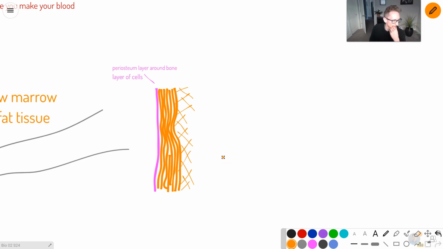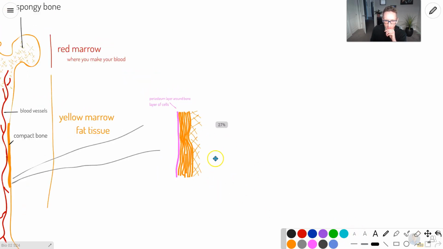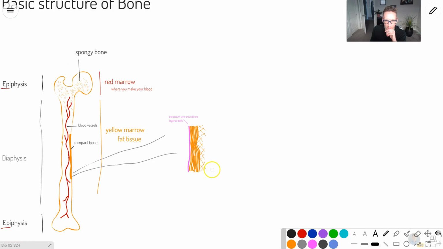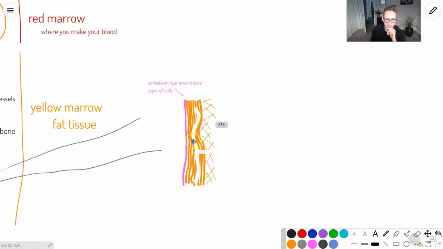Now, if you remember, I said that bones had blood vessels in them. So we're going to have blood vessels running in through channels. There's actually channels through this. I'm going to zoom out just so I can make these channels bigger. Let's say our blood vessels come in right there, and then maybe they go up here, down here, and out here to the periosteum.